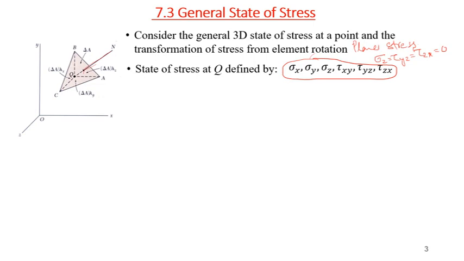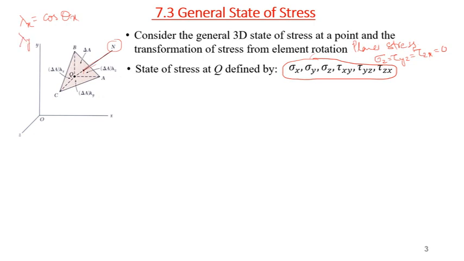So we are interested in what the stress will be along that normal, and we have direction cosines. Lambda x is cos theta x, the angle between this normal and the x-axis.